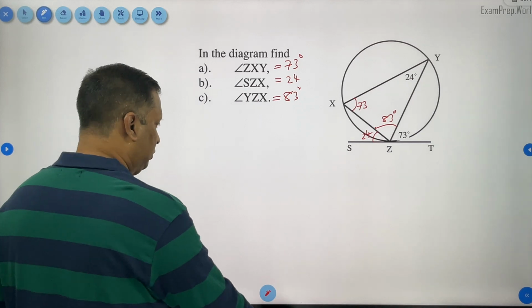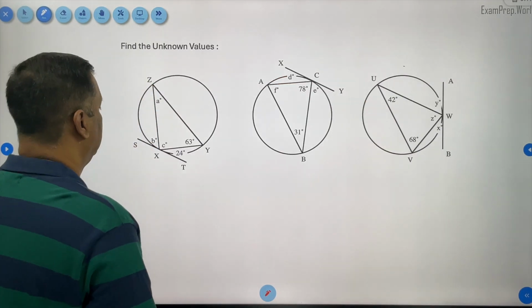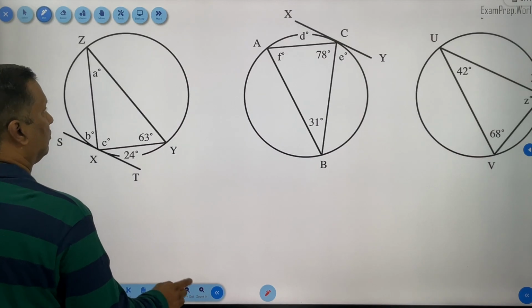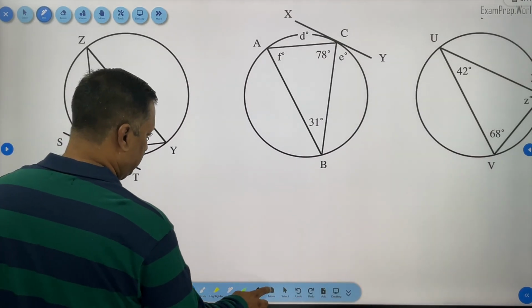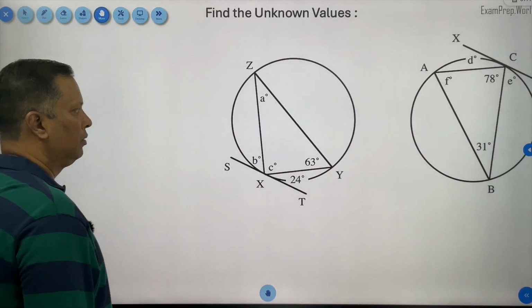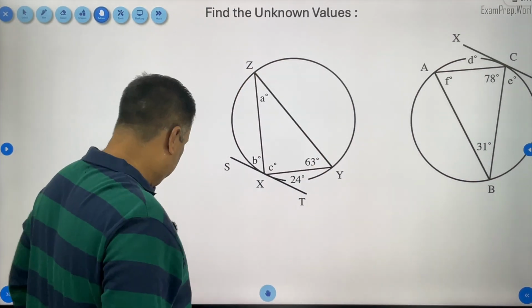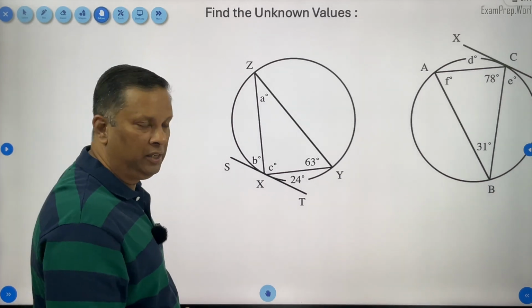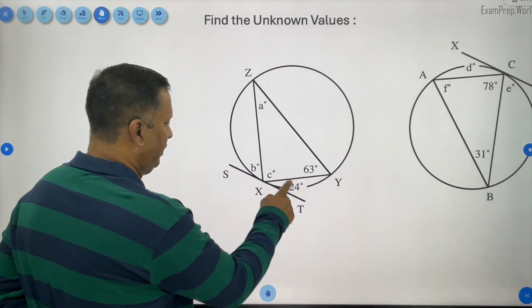Let us move on to the next question. Let me zoom it for you. Let's begin with this. ZY is diameter or not, we are not very sure, right? But this angle is how much? 24.